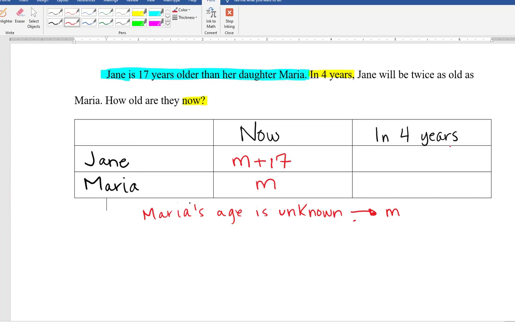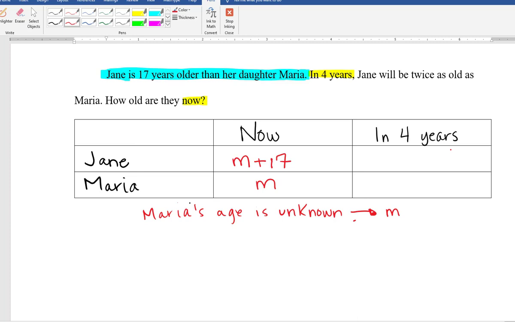In 4 years. Well, okay, let's say you are 21 years old today. How old will you be in 4 years? Well, 21 plus 4 is 25. You would be 25. Let's say I'm 40. And in 4 years, I will be 40 plus 4, which is 44.